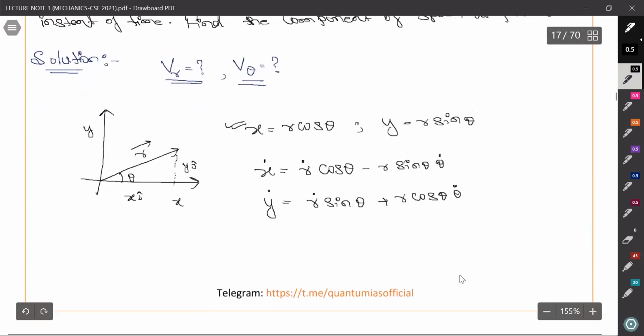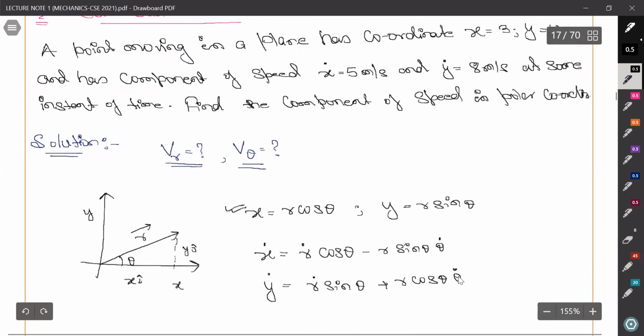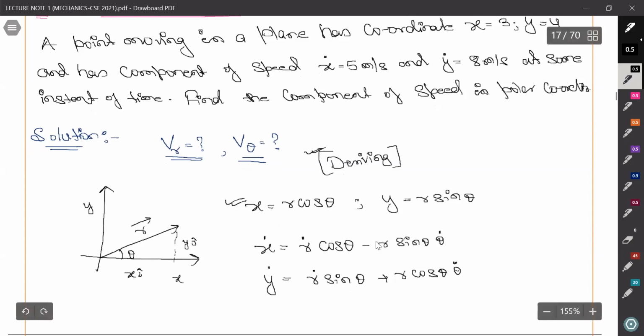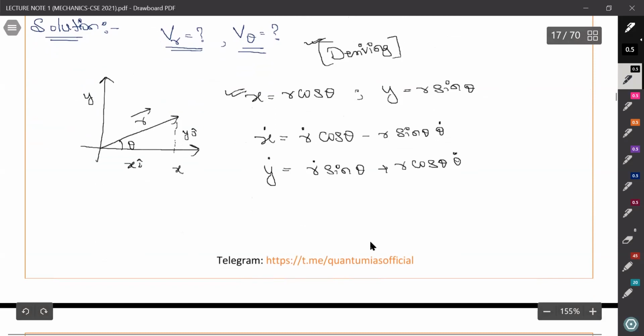You may get a question on this to prove this also, so we are also deriving this. Just concentrate on how we are deriving from a Cartesian coordinate to polar coordinate system. It's very easy, but you need to have a look at this.